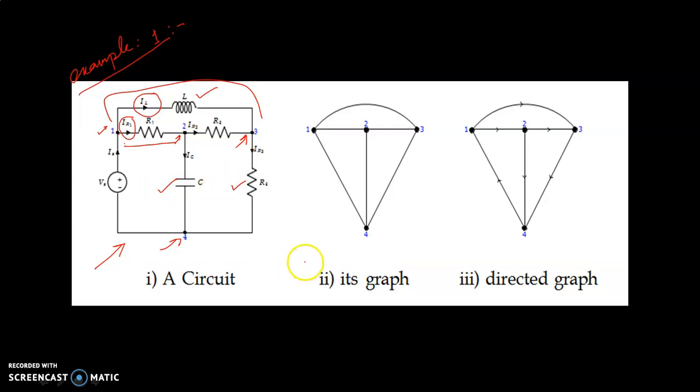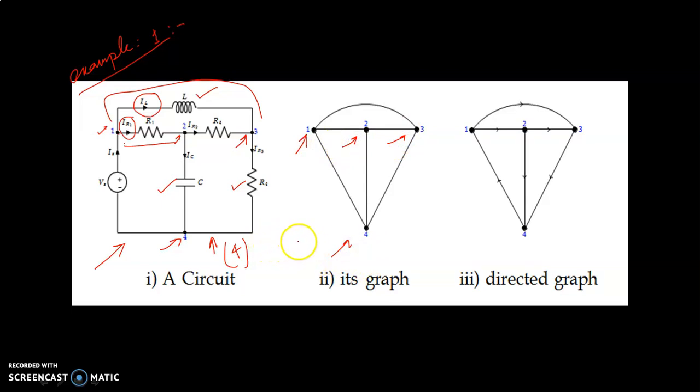Now, when we draw its graph, what we do basically, first of all, we draw all the nodes given in the circuit. There are 4 nodes, so we have drawn 4 nodes: node 1, node 2, node 3 and node 4.